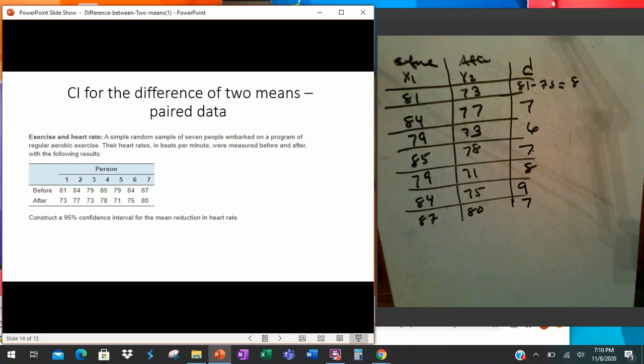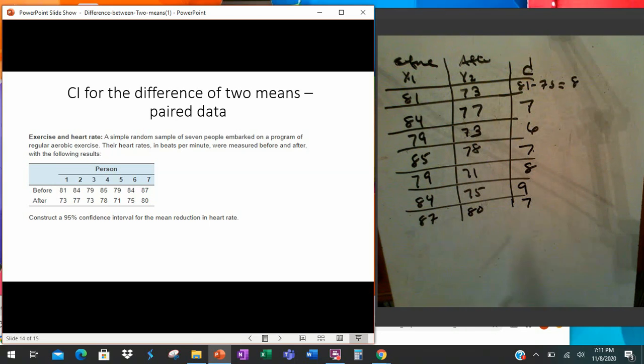and do the 1-variable statistics. That'll give me everything that I need. Let me clear the data. Okay, now let me get it in there: 8, 7, 6, 7, 8, 9, and then 7.